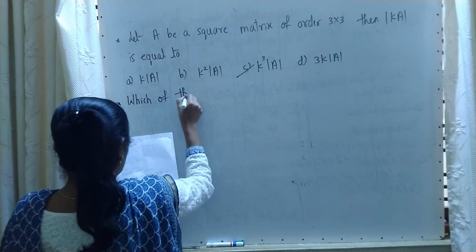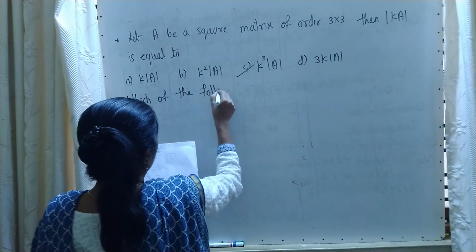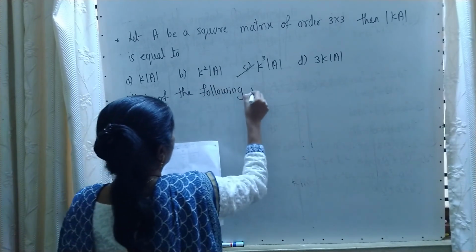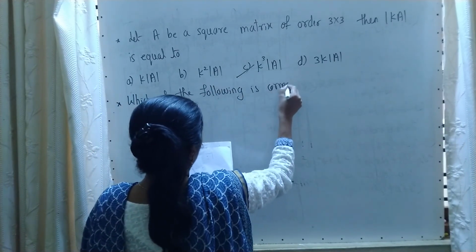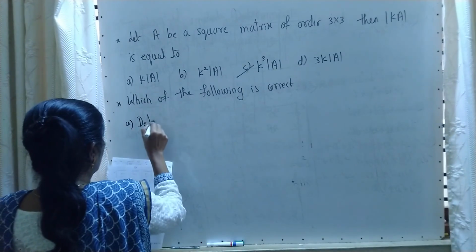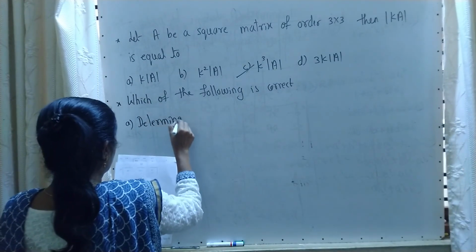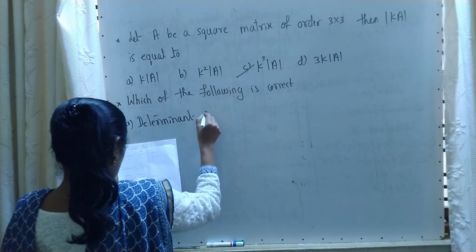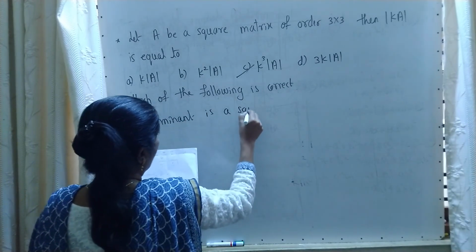Which of the following is correct? First one, determinant is a square matrix.